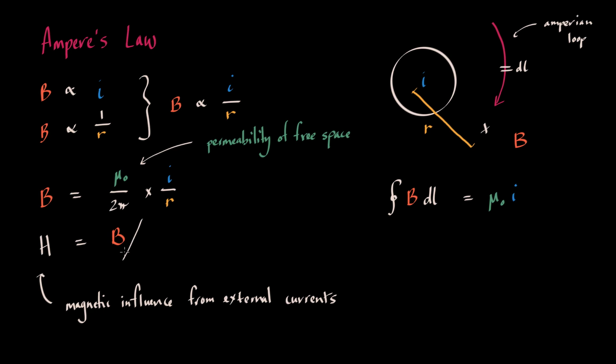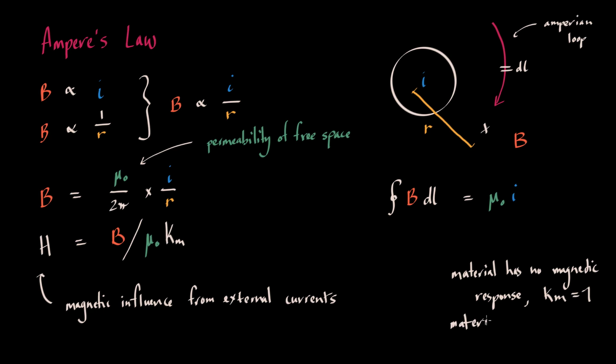H equals B divided by the permeability of free space times the relative permeability of the material. If the material does not respond to the external magnetic field by producing magnetization, then the relative permeability is equal to 1. If the material is ferromagnetic, however, this value may be much higher.